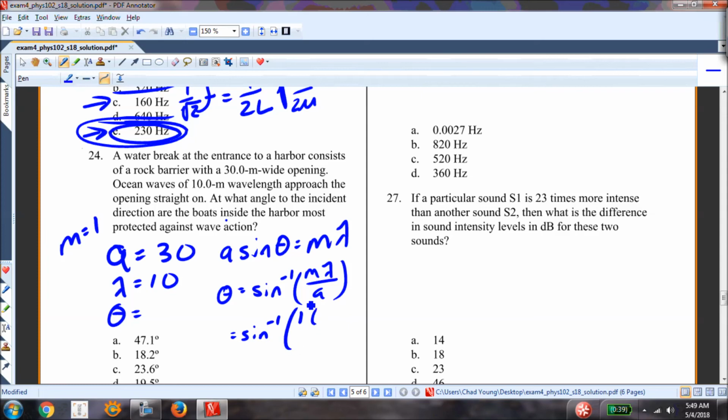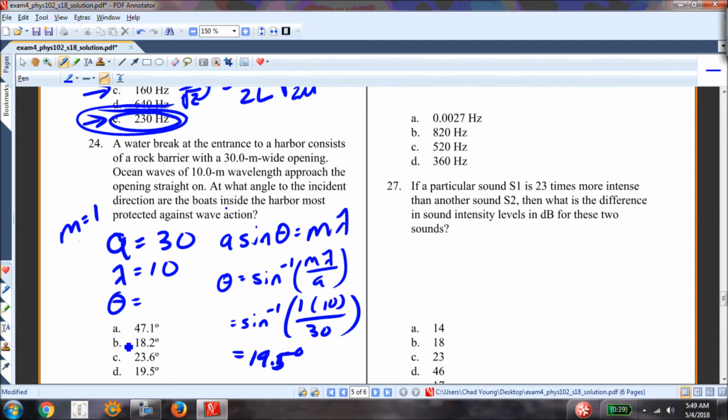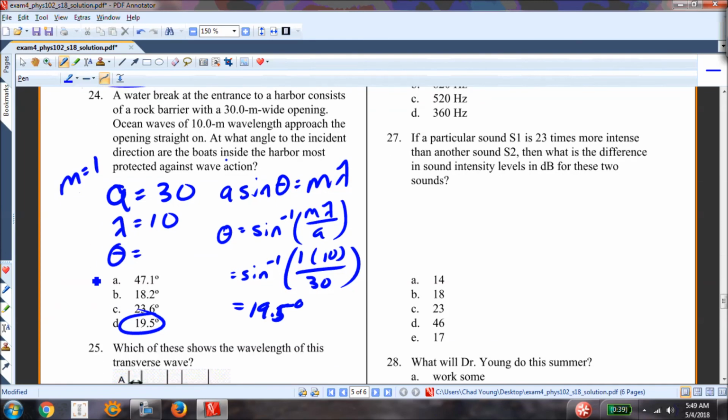And lambda is 10 divided by 30. So the inverse sine of 1/3. I get 19.47, 19.5 degrees. And it turns out that is an answer, so that must have been what it was.